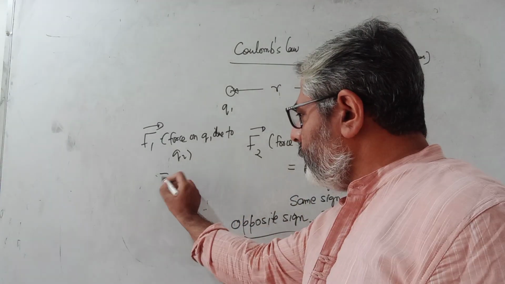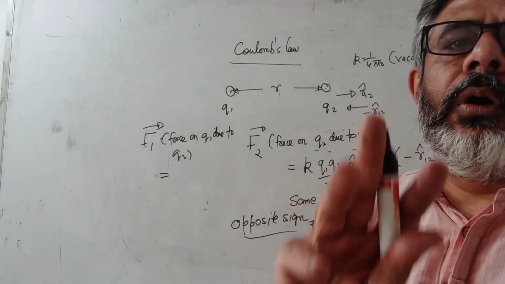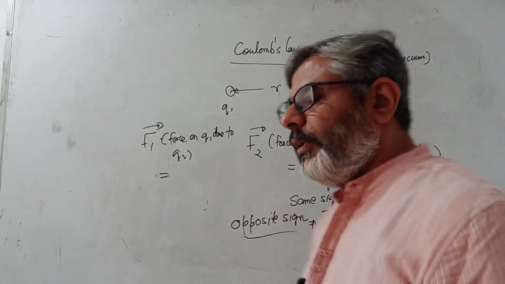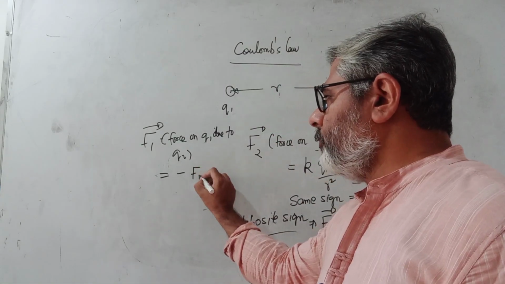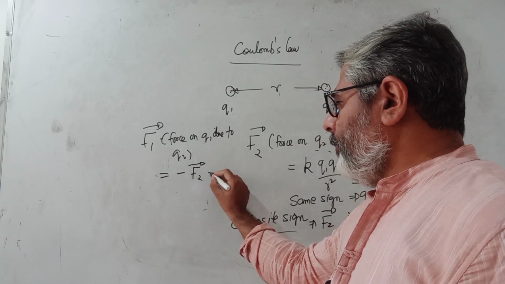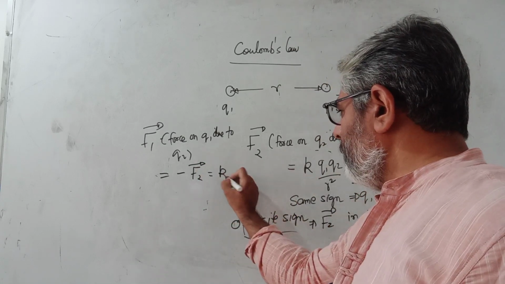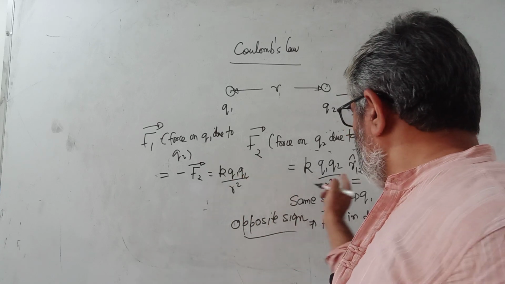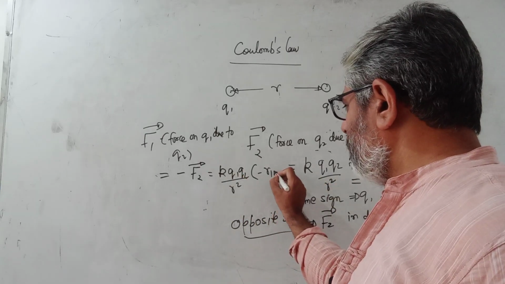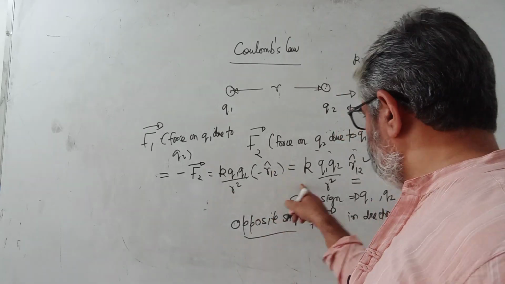So this is managed in this, because according to Newton's third law, to every action there is always an equal and opposite reaction. So F1 vector is minus of F2 vector, and minus of F2 means it's K Q1 Q2 upon R square into minus of R12 vector. Why minus? Because we have a minus sign here.